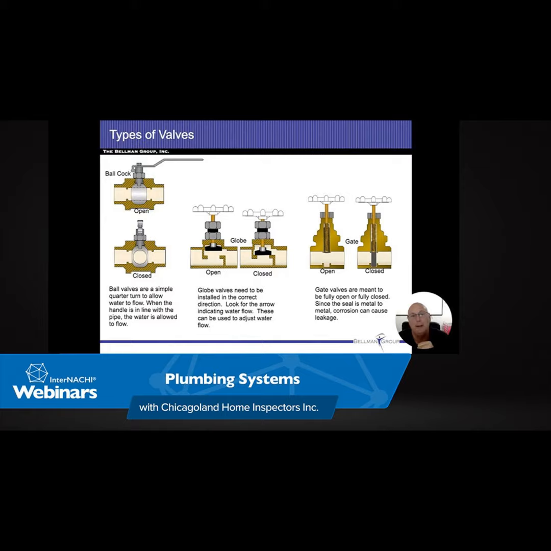And then going back to the beginning of the supply system, remember, even though I want you to know the 20 to 80 psi is acceptable, I want you to know 40 to 70 is probably what we're going to end up seeing. I want you to know that under 20, you need a pump. Over 80, you need a pressure reducing device where it comes in there.